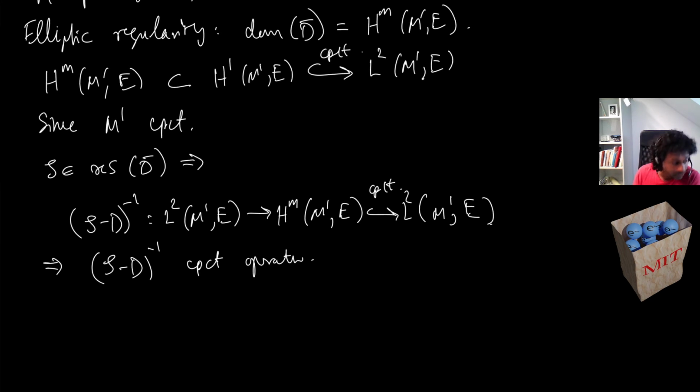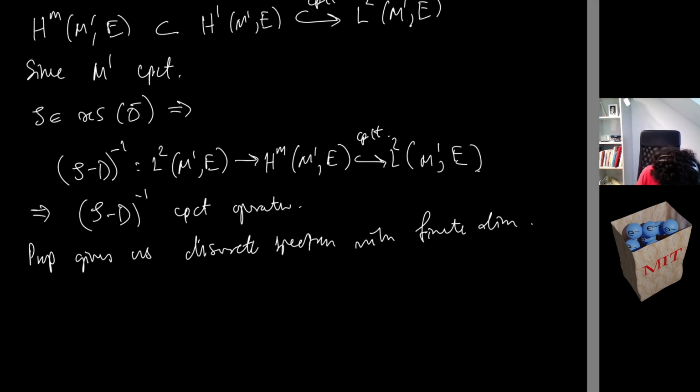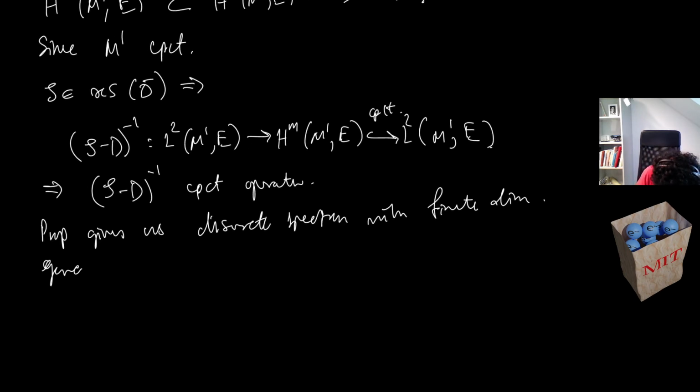And then from the proposition we precisely obtain the required result, right? The proposition gives us discrete spectrum with finite dimensional generalized eigenspaces.